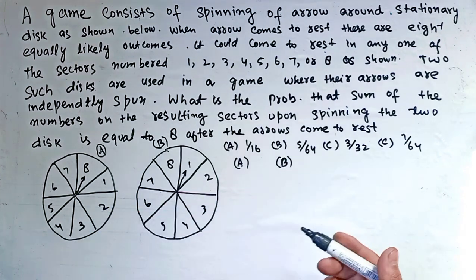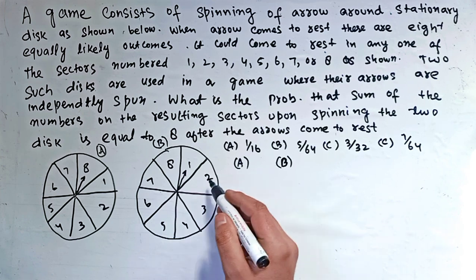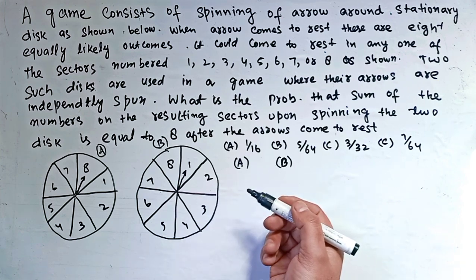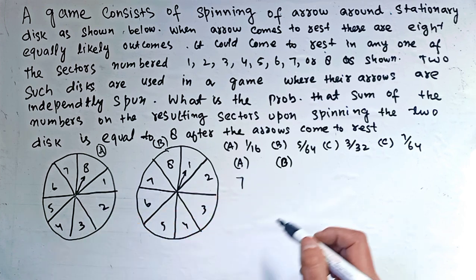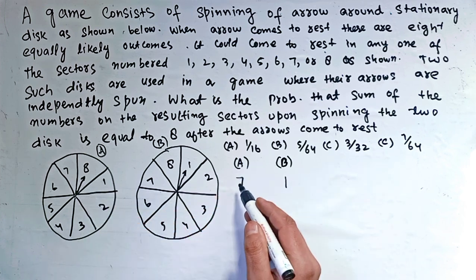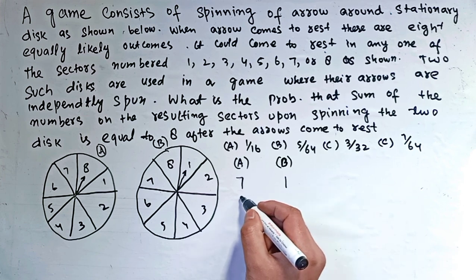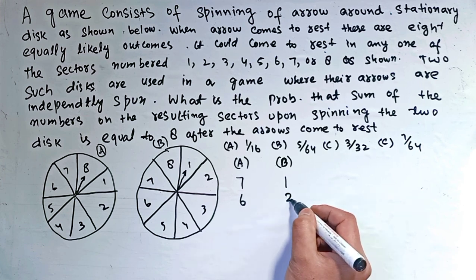When they are being spun simultaneously, let us say the combination can be, we can get 7 in A and 1 in B. So 7 plus 1 is 8. Similarly, we can get 6 here, 2 here.